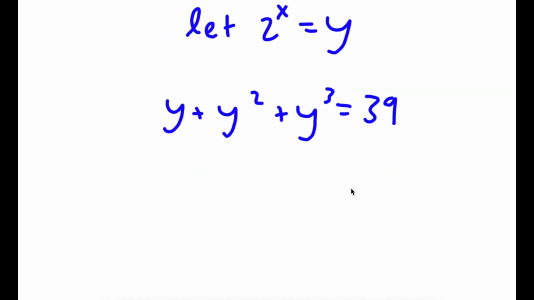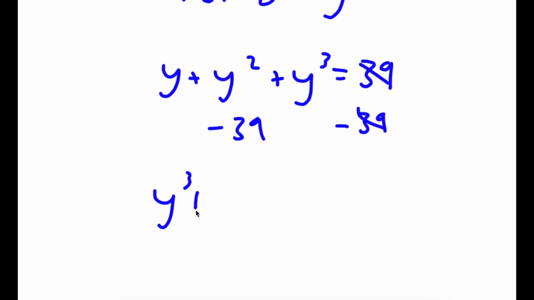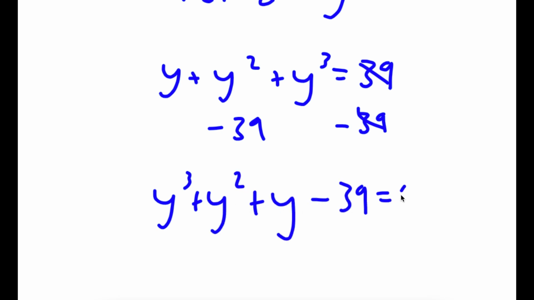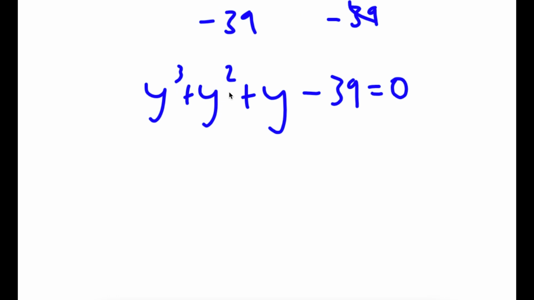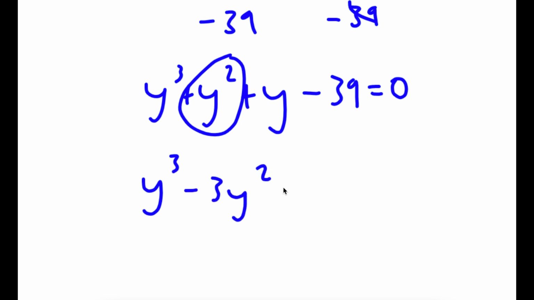Now, I'm going to subtract 39 on both sides. So these two cancel out, and now I have y to the power of 3 plus y to the power of 2 plus y minus 39 is equal to 0. Now I'm going to rewrite y squared here as negative 3y squared plus 4y squared.